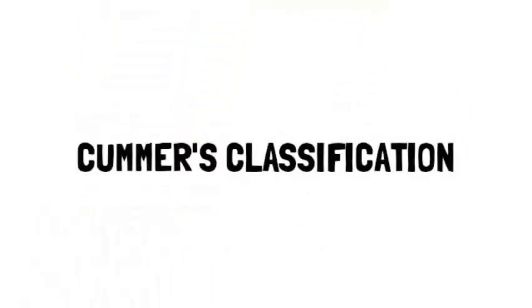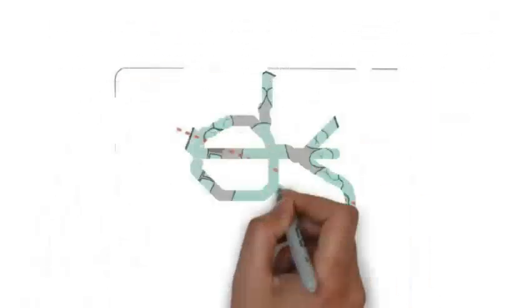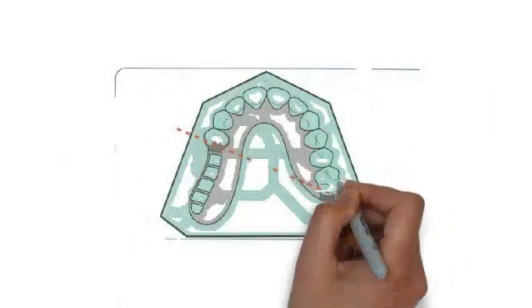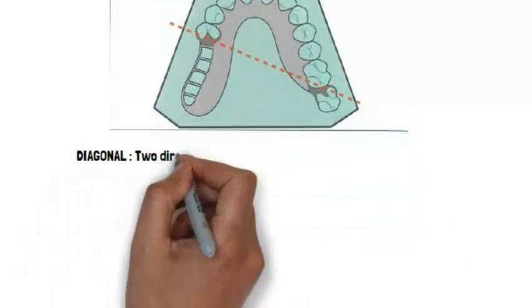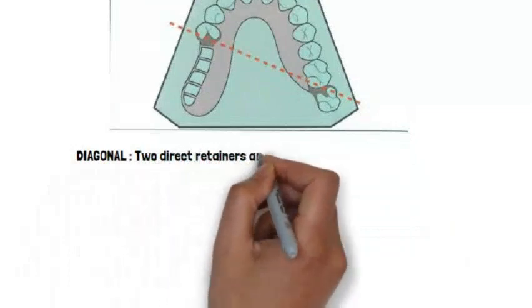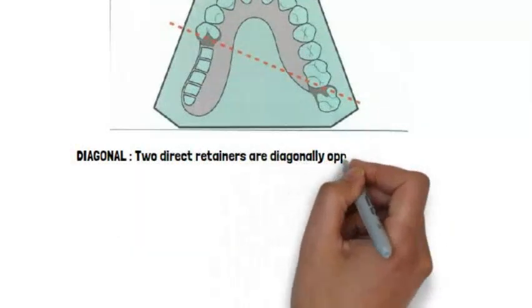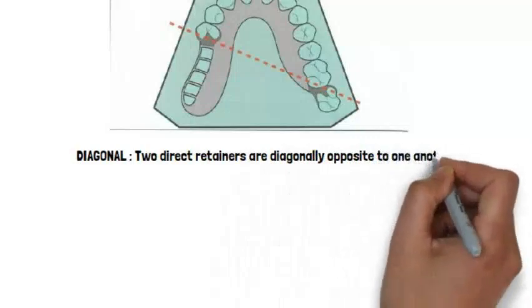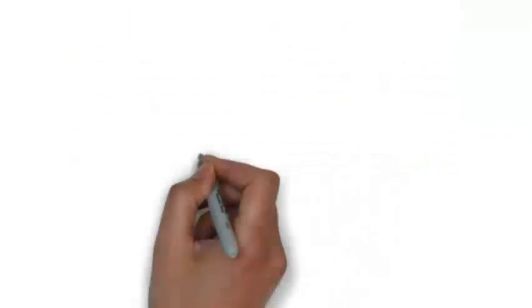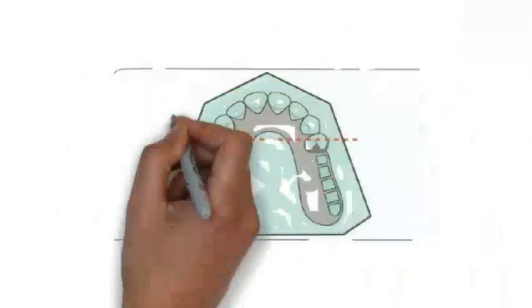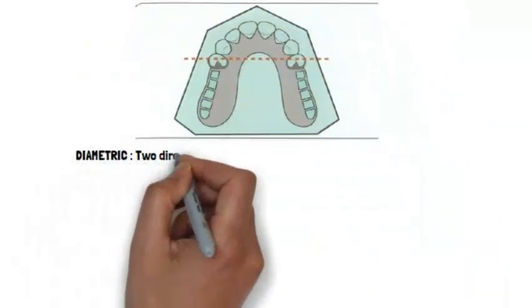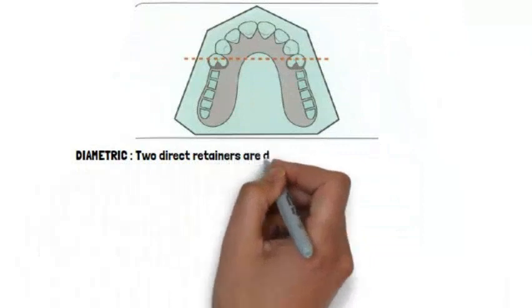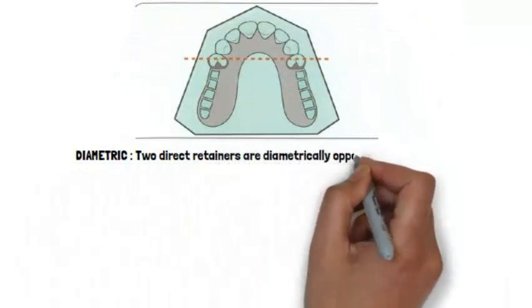Kennedy's classification. Diagonal: two direct retainers are diagonally opposite to one another. Diametric: two direct retainers are diametrically opposite to one another.